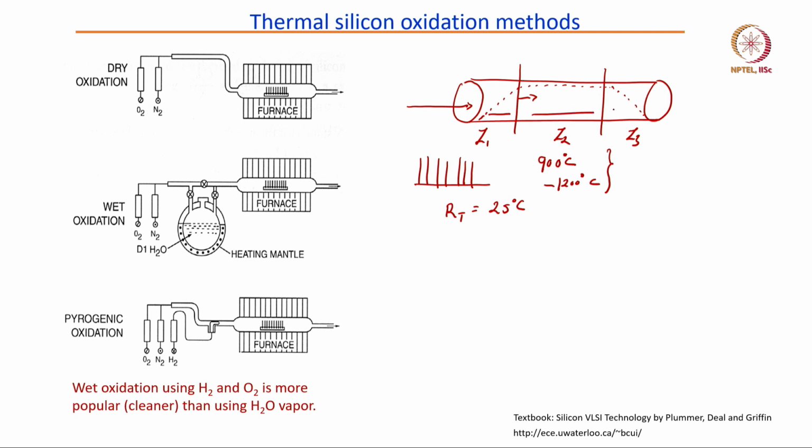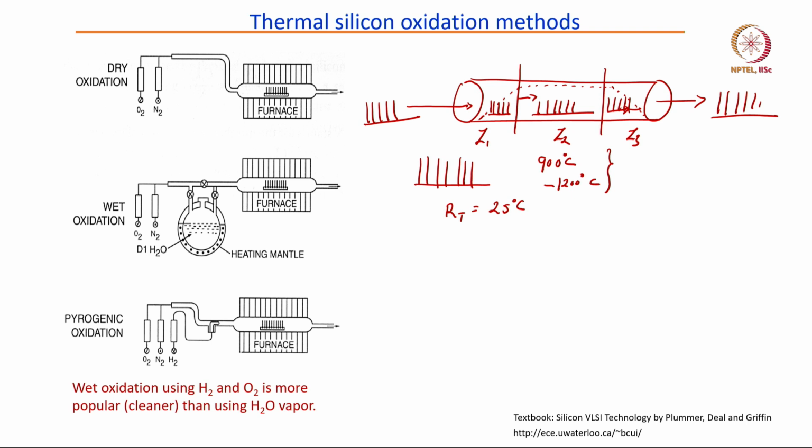After the oxidation is done, we move to zone 3, and after some time you take it out. So, first the wafer would be here, then after some time you load it here, then after some time you load it here, and then you let the wafer come out. So, from room temperature back to room temperature, these are different ways of moving it.